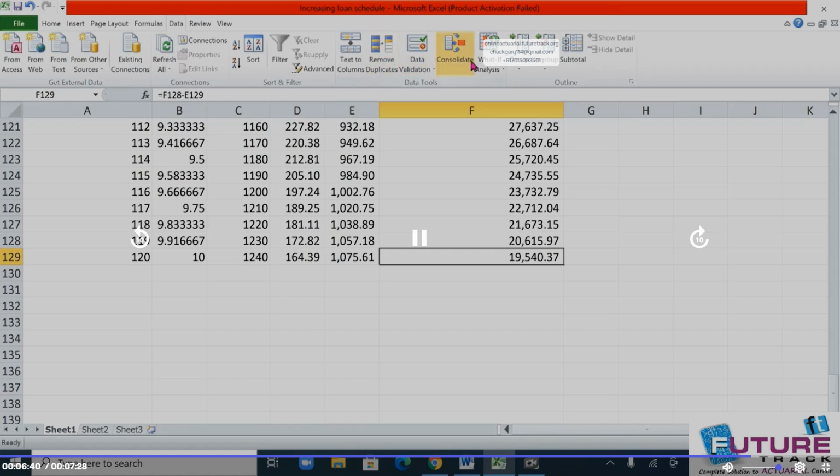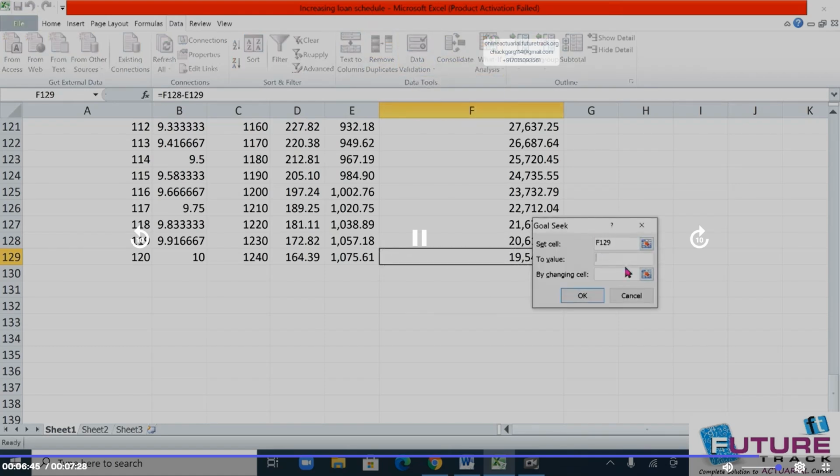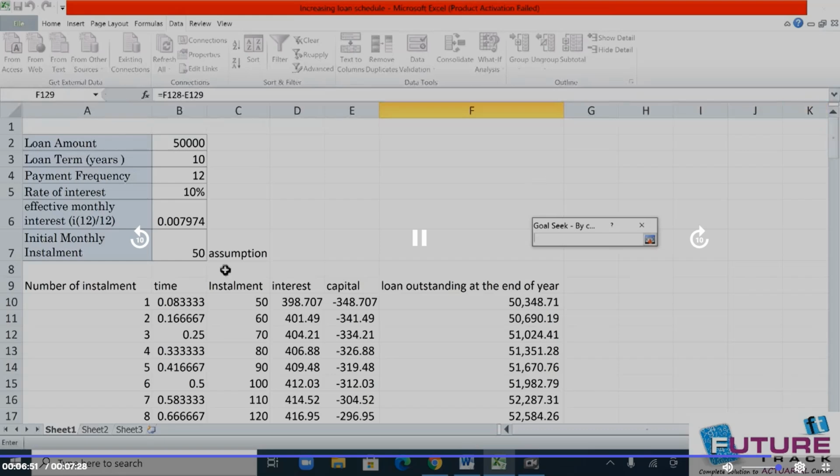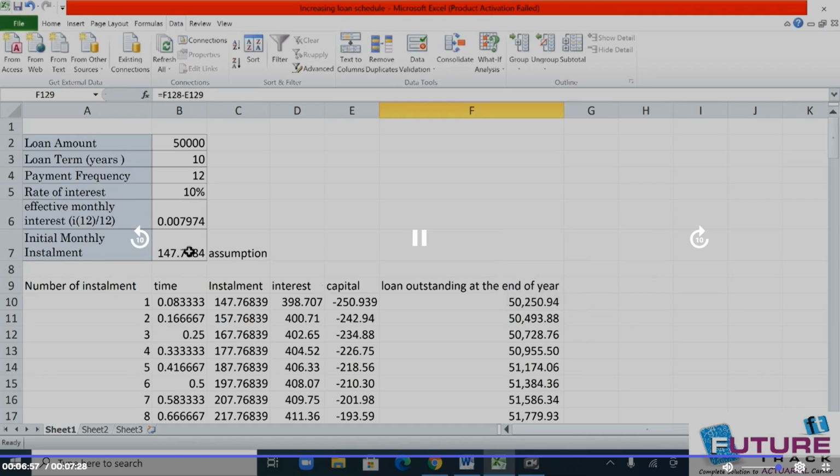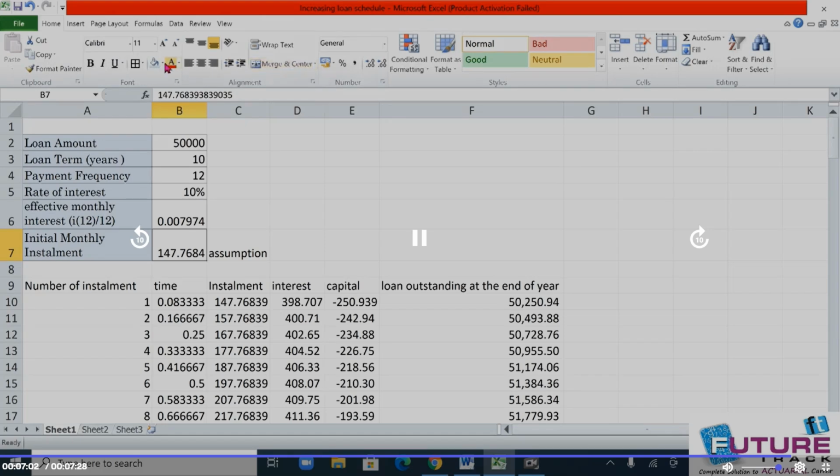Go to Data, go to What-If Analysis, go to Goal Seek. Under goal seek, set this value to 0 by changing this value, right? Okay. See, we get the answer 147.76.